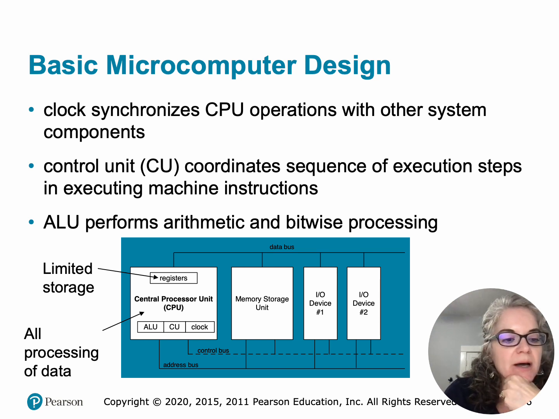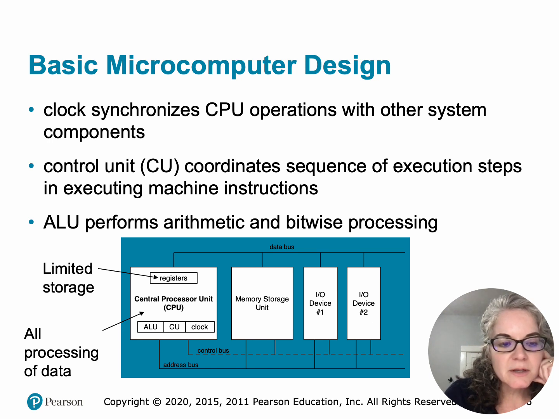The CPU has a clock, and this clock is a high frequency clock. We'll talk in more detail about the clock, but it synchronizes the central processing unit's operations with other system components.